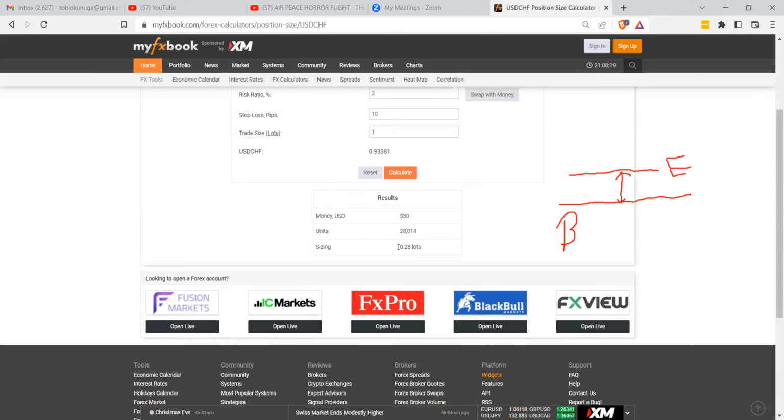So this 0.28 is what you will now use, what you put on your MetaTrader 5 platform. So if you lose this trade for any reason, you only lose what? $30 of your account, which is 3% of your account. All right. So that is how we do it.